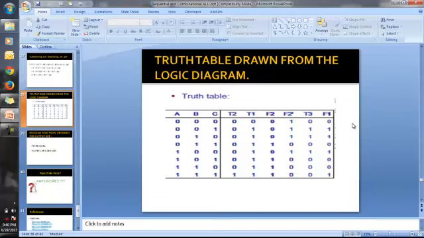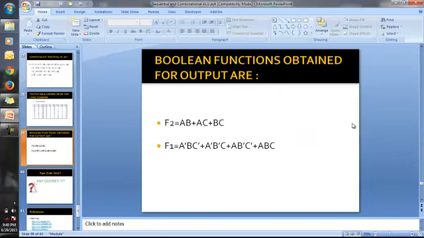For this we develop the truth table. We have the three variables A, B, C with the possible values starting from all zeros, finally ending with all 1s. The values of T1, T2, T3 are taken from the logic circuit diagram, and also F1 and F2, F2 dash.